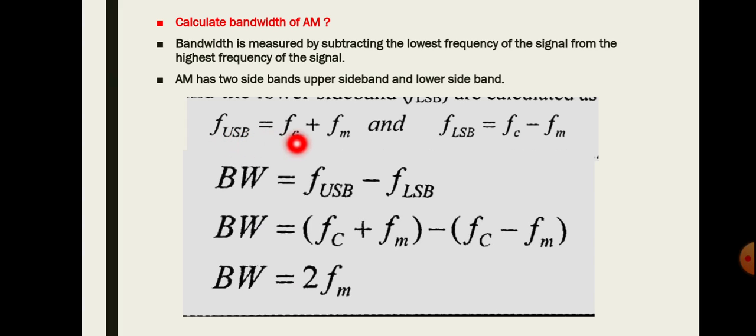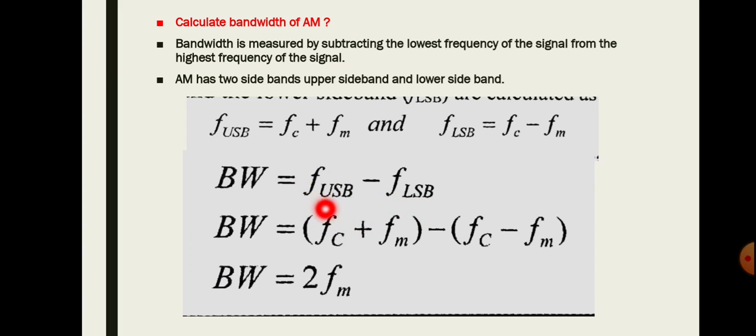Upper means its frequency is high, that is why we are adding Fc plus Fm. Lower means there is a smaller value for the frequency, so we subtract Fc minus Fm. So bandwidth is the subtraction of FLSB from FUSB, that is, bandwidth equals FUSB minus FLSB.